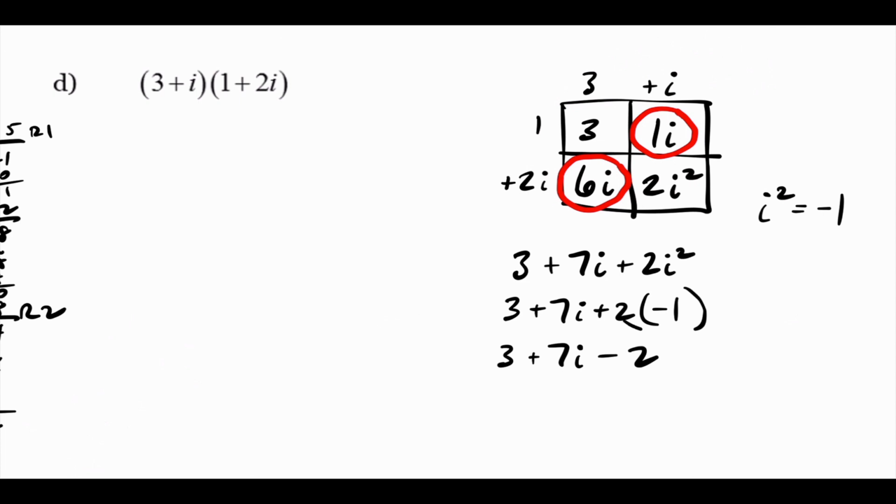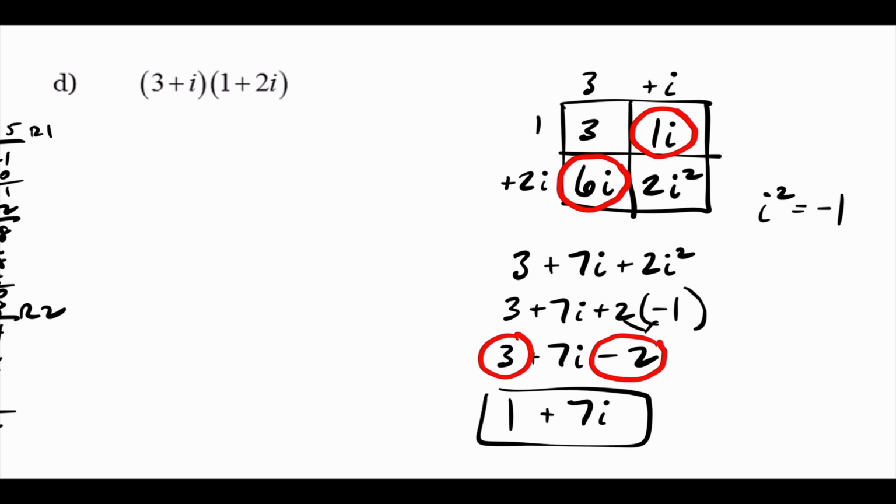Now combine like terms again. And I get +1 plus 7i. No more i squareds. i's are okay. They just come second. I squareds, i to the third, i to the fourth, we've got to change it.